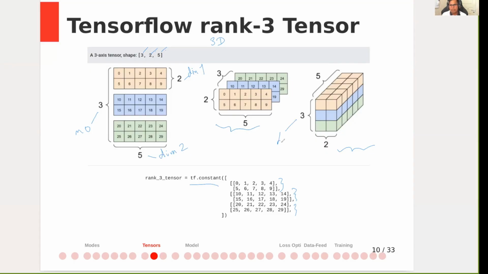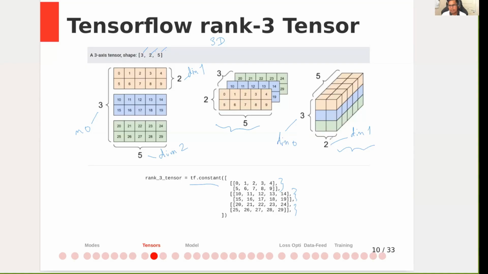dimension 0 is the number of columns, and dimension 1, which is also the dimension 2, is the number of rows. Let me try it again. So this is the first dimension, now dimension 0 is the number of rows.